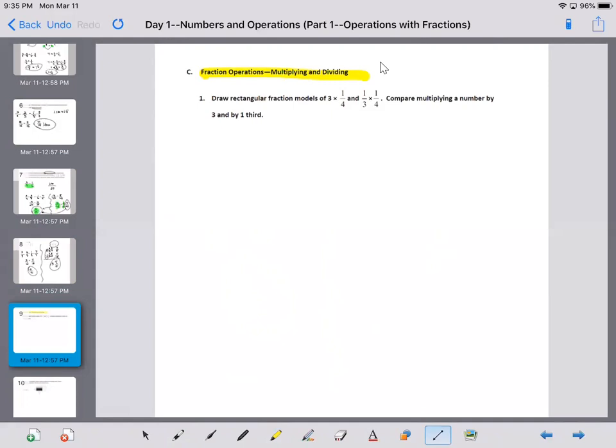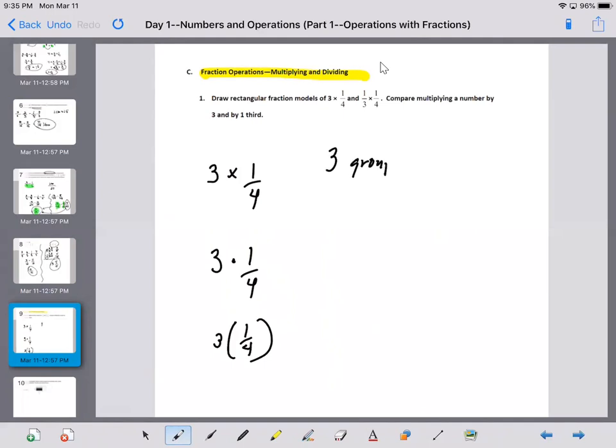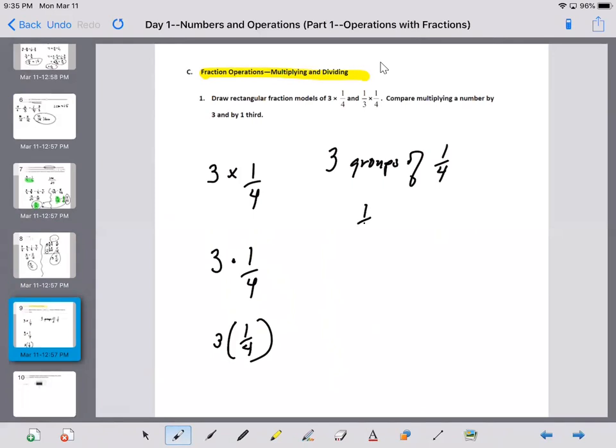And if I want 3 times 1/4, or 3 dot 1/4, or 3 in parentheses 1/4, what this is actually, with a whole number multiplied by a fraction, you can think of, you want 3 groups of 1/4. So that would be 1/4 plus 1/4 plus 1/4, which would be 3/4.